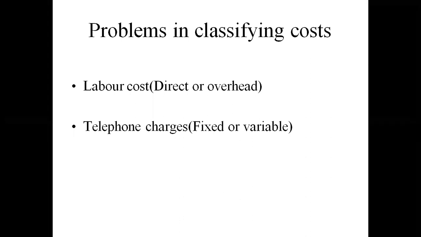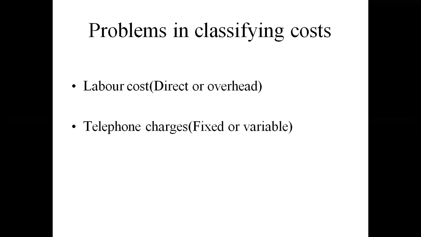Why? Because you can easily identify that cost from each product. For one product, there will be $2 of labor cost. Similarly, if two units are produced, then $4 will be the labor cost because the labor is given $2 per unit. So this is a direct cost, right?